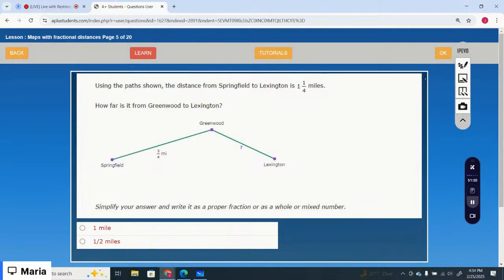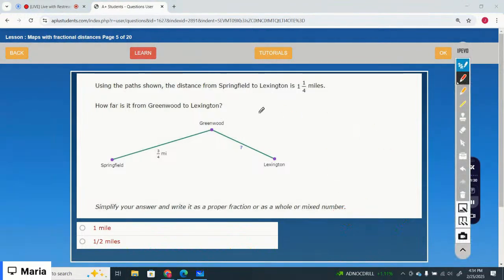Using the path shown, the distance from Springfield to Lexington is 1 whole 1 by 4. So you have to subtract 1 whole 1 by 4 minus 3 by 4. 4 times 1 is 4, and 5 over 4 minus 3 over 4. 5 minus 3 is 2, that is 2 by 4.